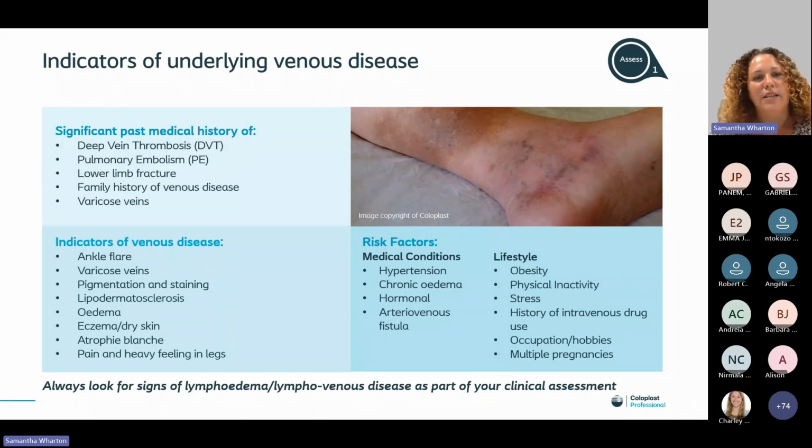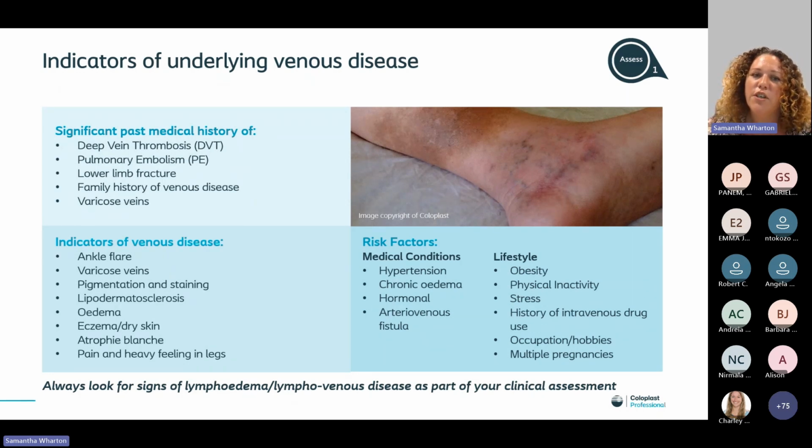So when we look at indicators of underlying venous disease, there's lots here. I'm not going to go through each one, but we know those general signs of venous disease. So has there been a past medical history of deep vein thrombosis? Has there been lower limb fractures? Is there a history of venous disease? Are they presenting with varicose veins?